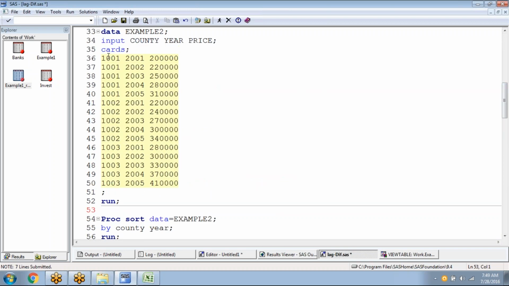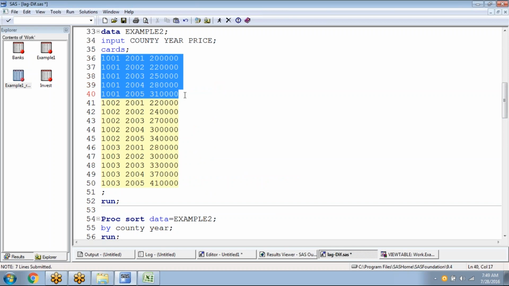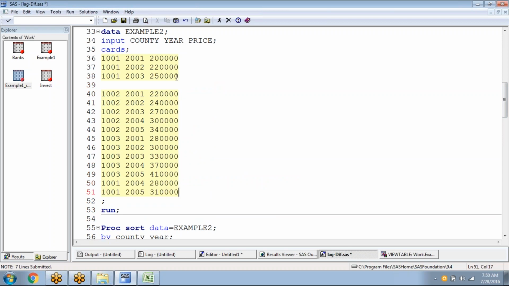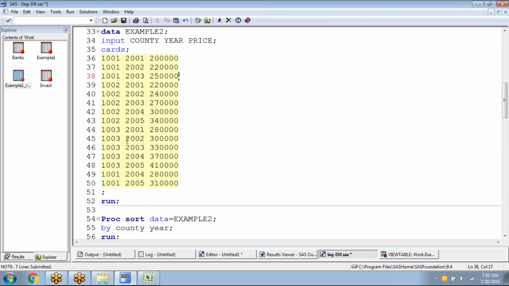You have to make sure your data set is in sorted order because you wanted to apply the logic across each group. Let's say your data has county number 1001 information here; will it be possible to apply this logic?